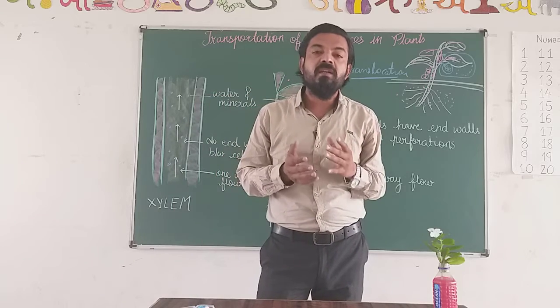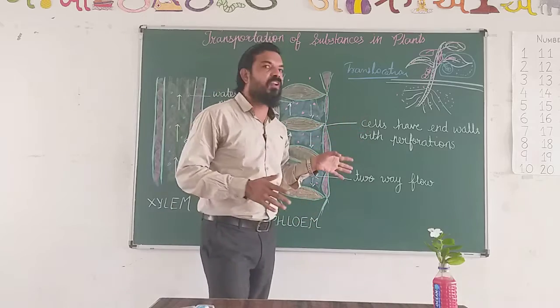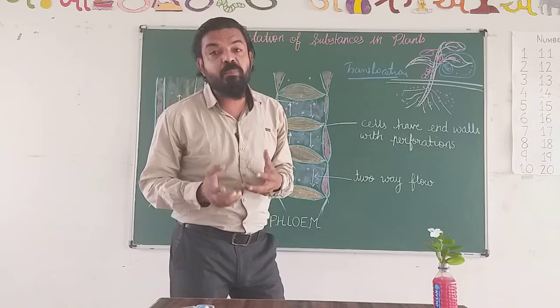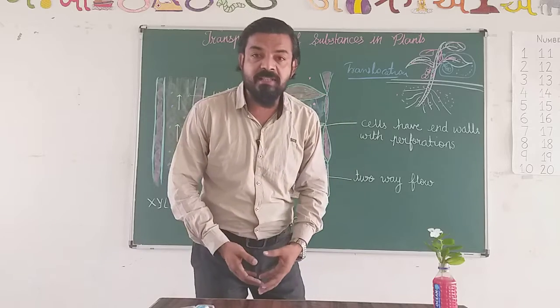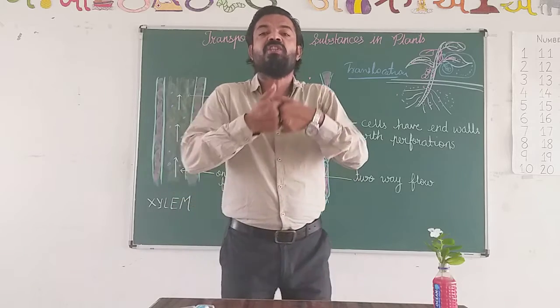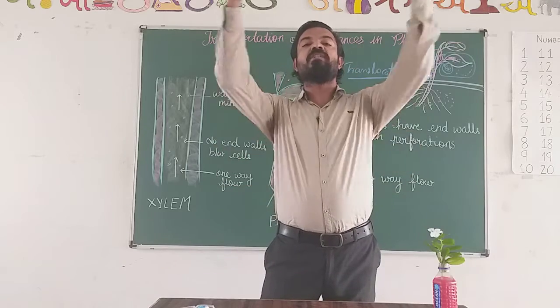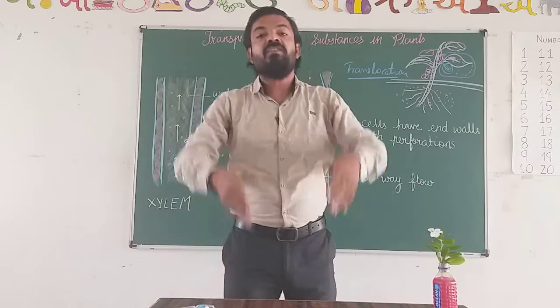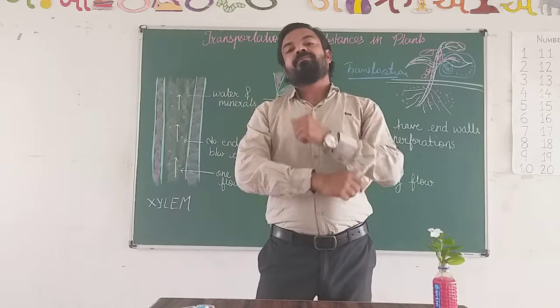Leaves want to cool themselves. So what is transpiration? Transpiration is the process of evaporation of water which is collected from the root and which reaches the leaves, and it evaporates the water from the surface of the leaf. This process is known as transpiration.